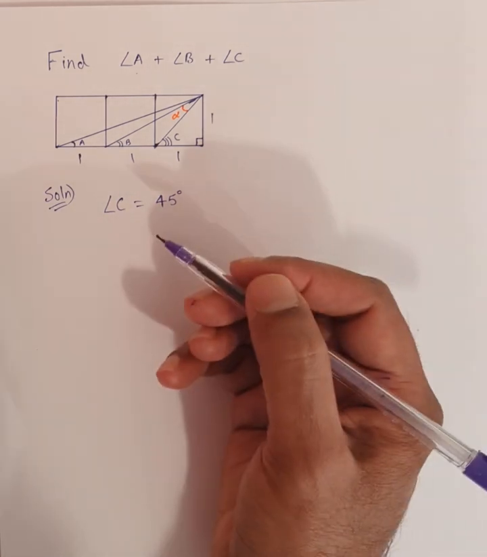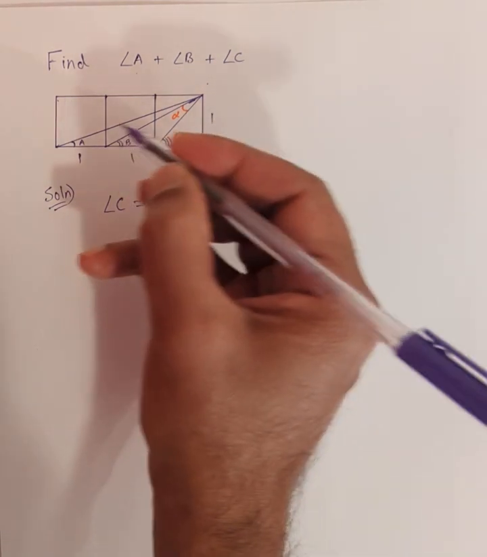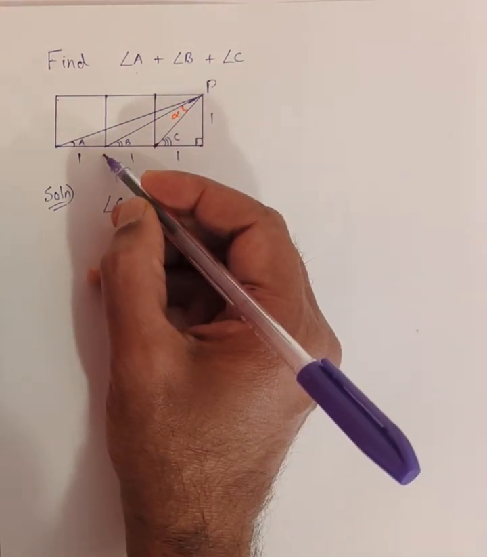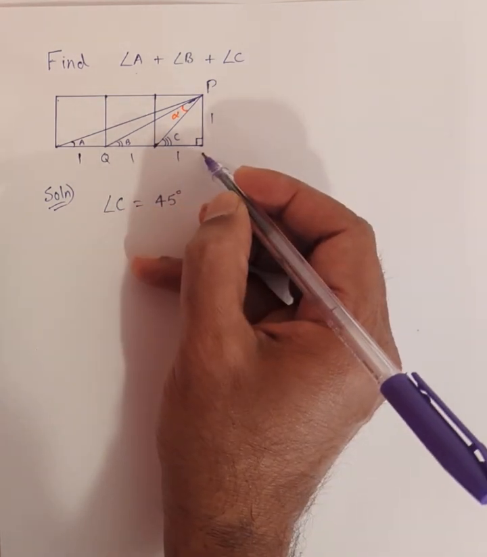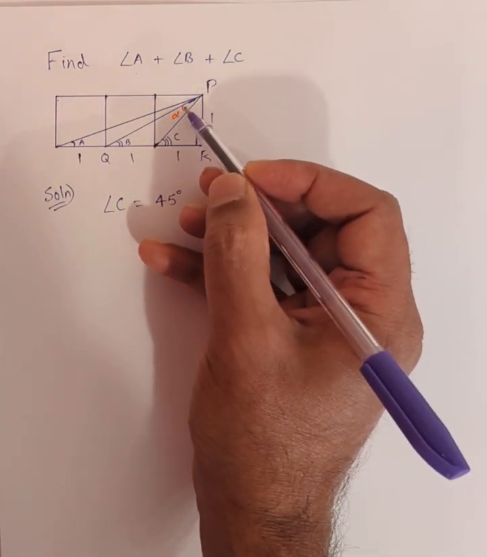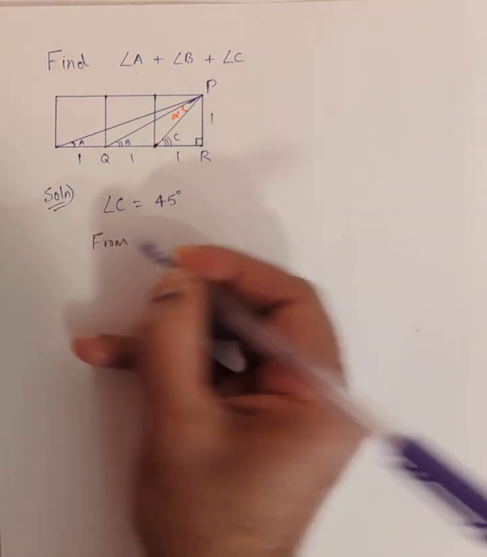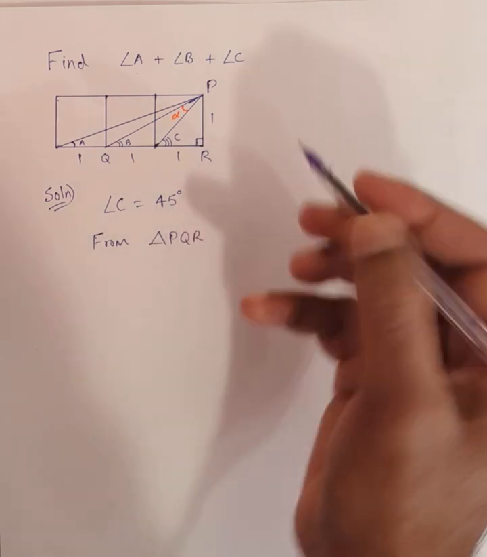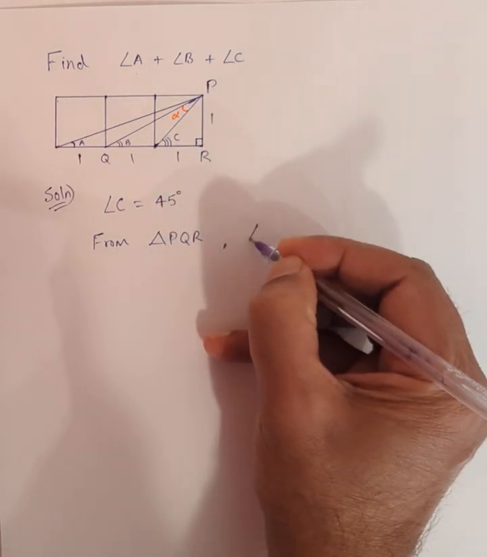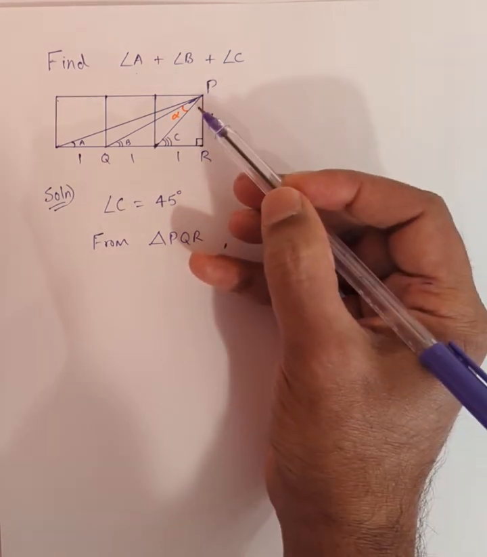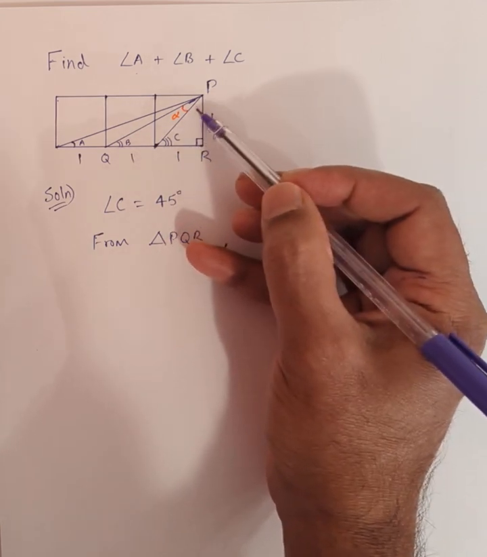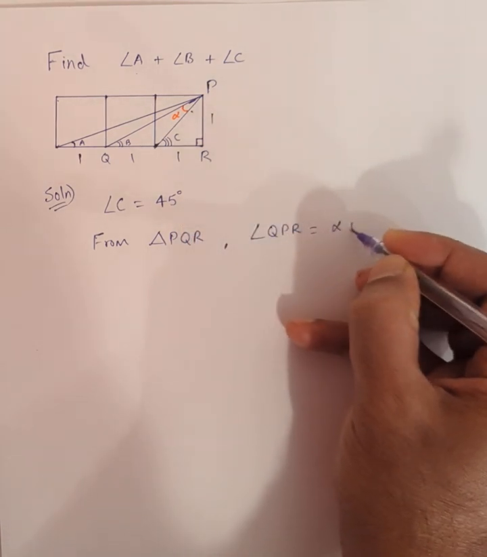If you were to label the vertices, let's call this vertex P, this vertex Q, and this vertex R. So if you focus on triangle PQR, notice this angle is alpha, and angle QPR, this will also be 45 degrees. So angle QPR is alpha plus 45 degrees.